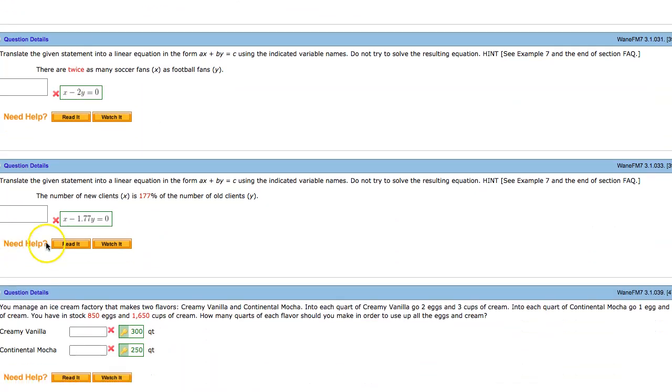Then number 19: the number of new clients, X, is 177% of the number of old clients. X equals 1.77Y, since you turn the percent into 1.77.